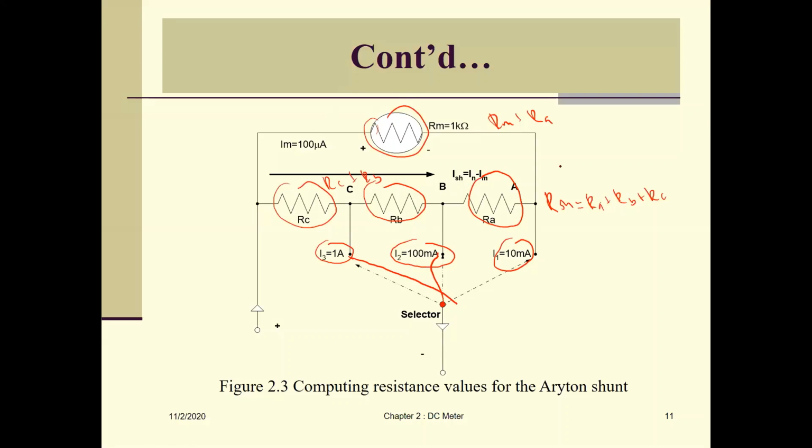Resistors in series will just be added. For example, R1, R2, so R total will be R1 plus R2.